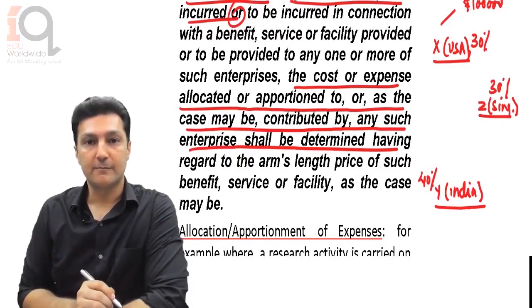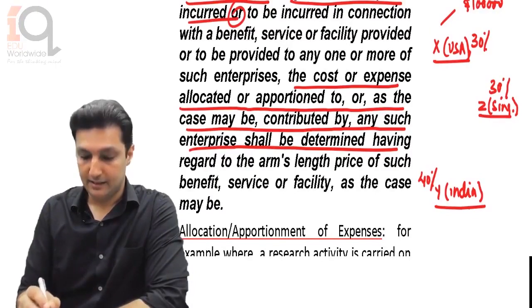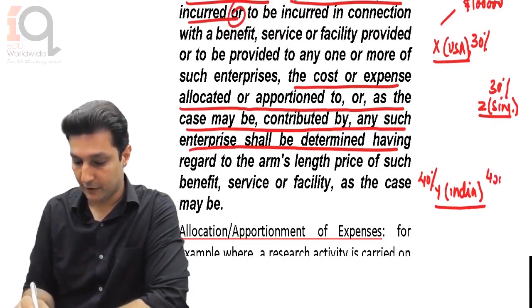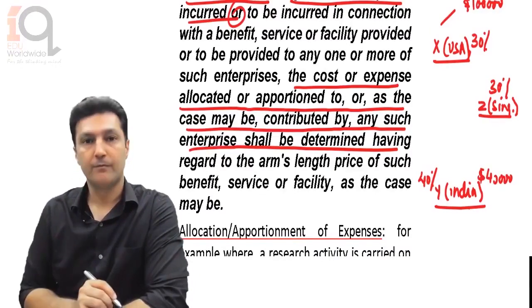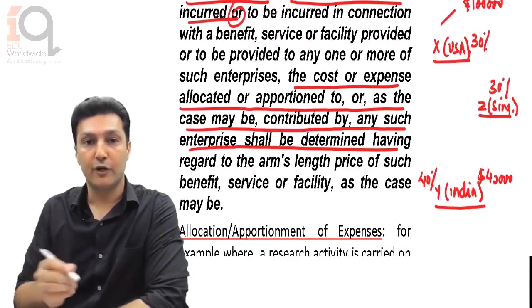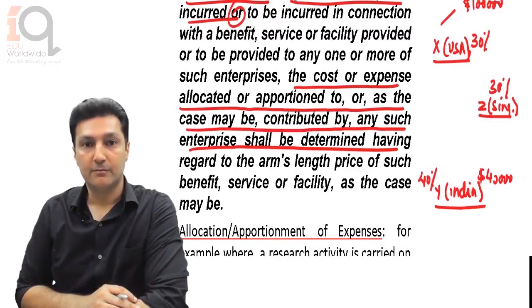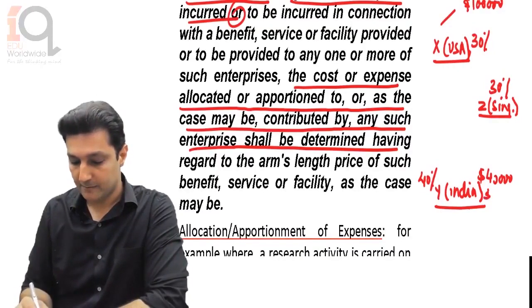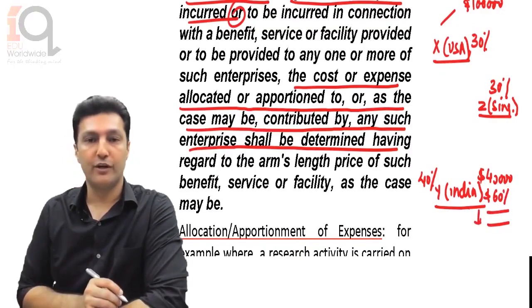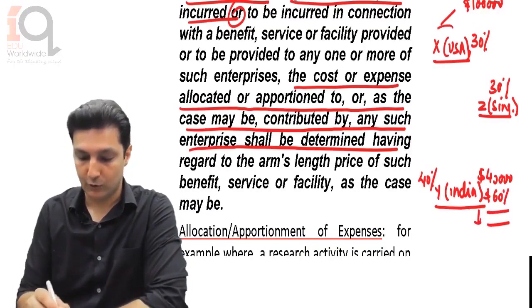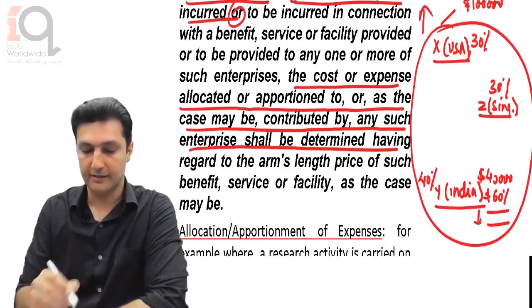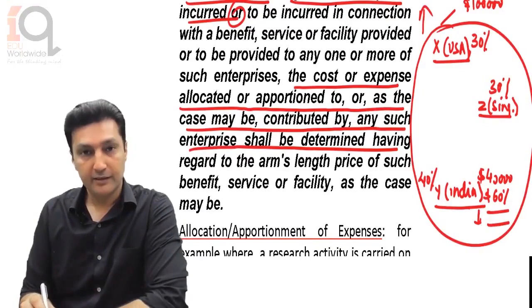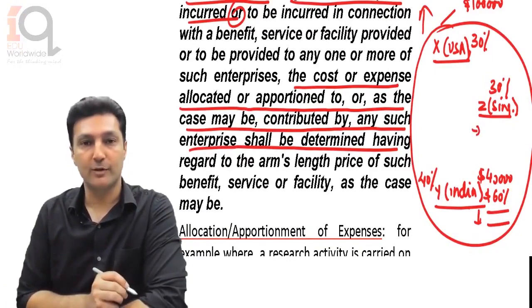So what happens is, in India, 40% of the receipts, which is $40,000, should be coming. The Indian company has done 40% of the work, but what if they allocate 60% of the expenses here, so as to reduce the overall net effect of the transaction in India, so that overall group profit increases? They might allocate less expenses here because the profit in Singapore is going to be lesser.